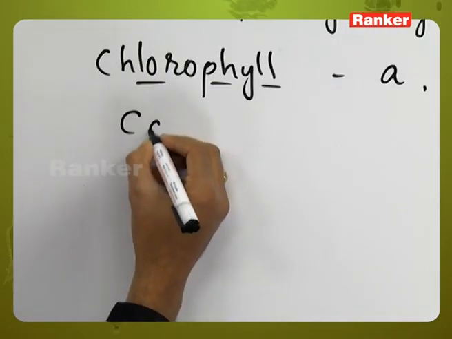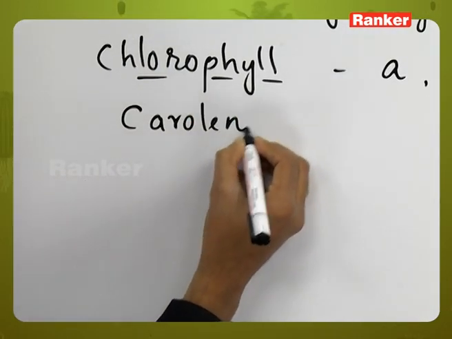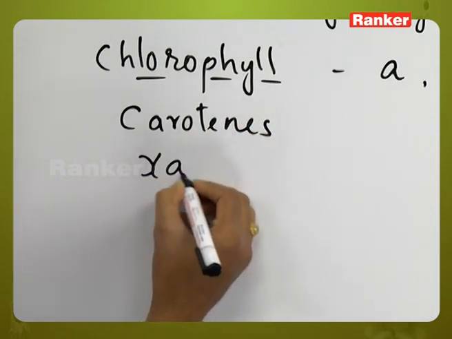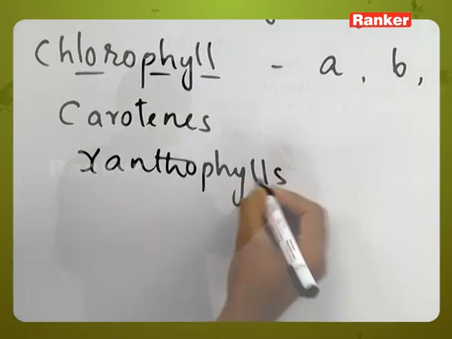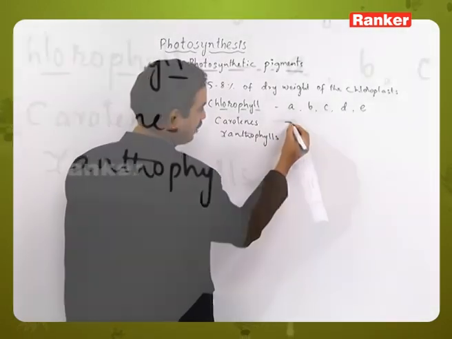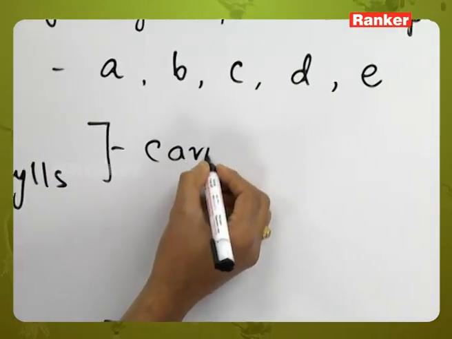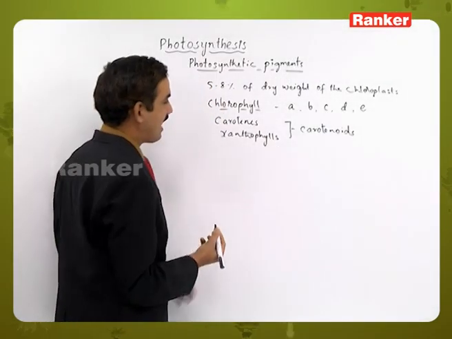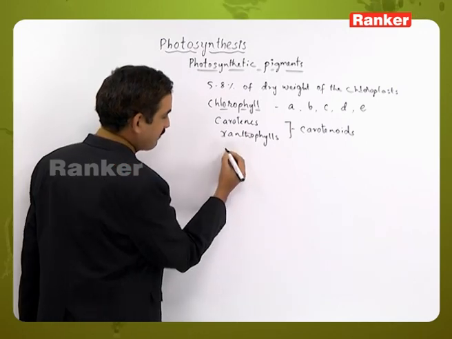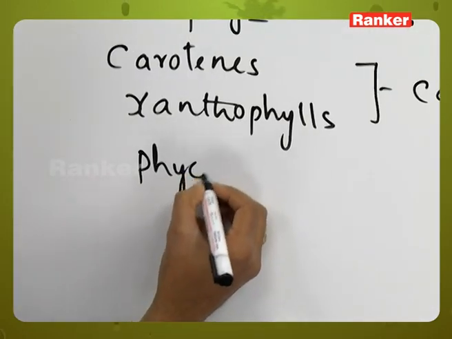Those are called carotenes and xanthophylls. These two are combinedly called carotenoids. Apart from that, there are some other pigments called phycobilins.